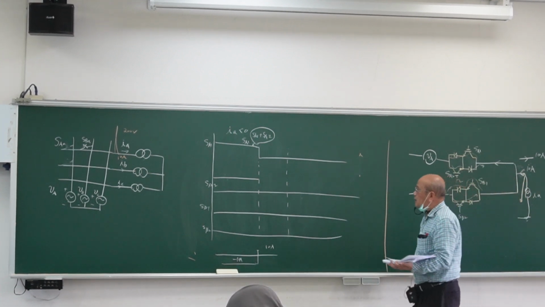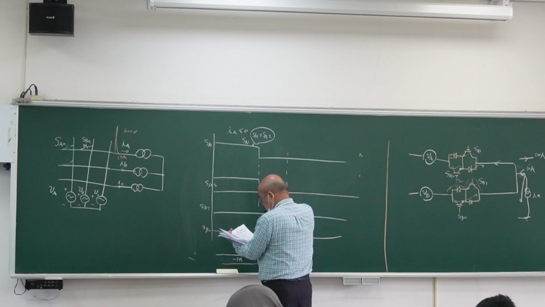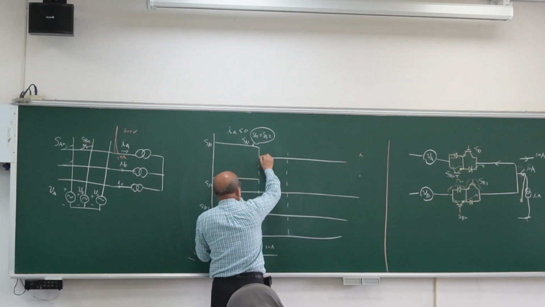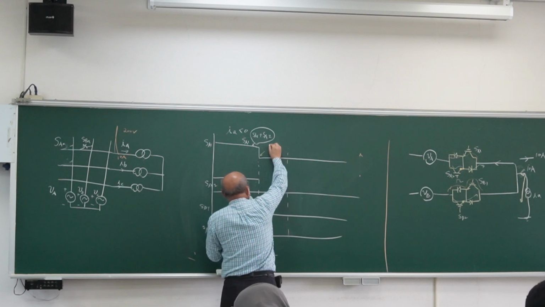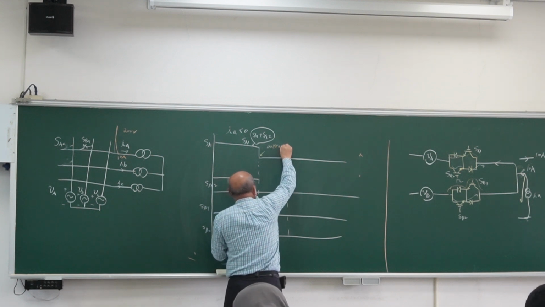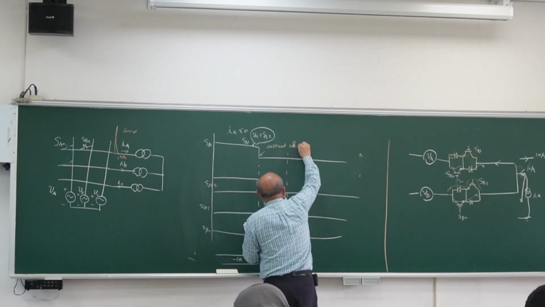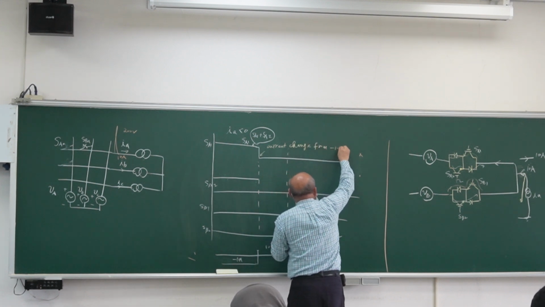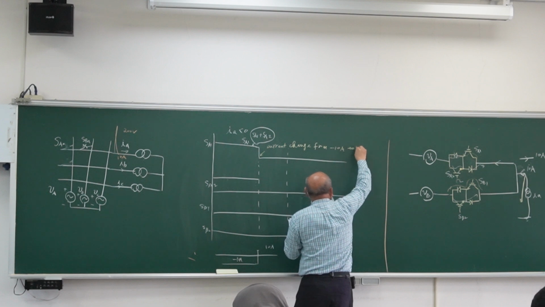So here I already turned on SA2, but now the current change from minus 10 ampere to 10 ampere.